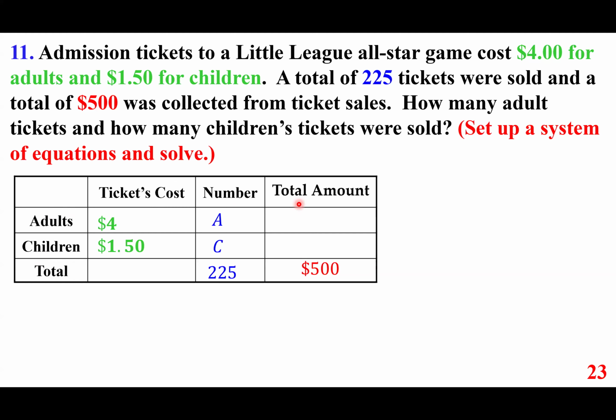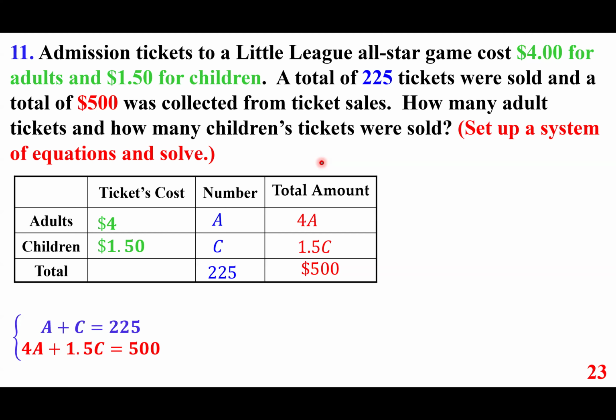So how much do we collect from adults? 4A, from children, 1.5C. So this is the first equation, A plus C is 225. This is the second one, total amount: 4A plus 1.5C must be 500. And that's it. So with the help of this table, we could easily set up the system.